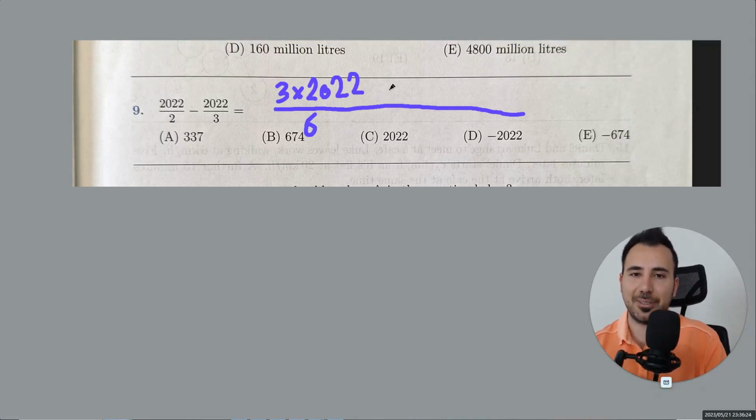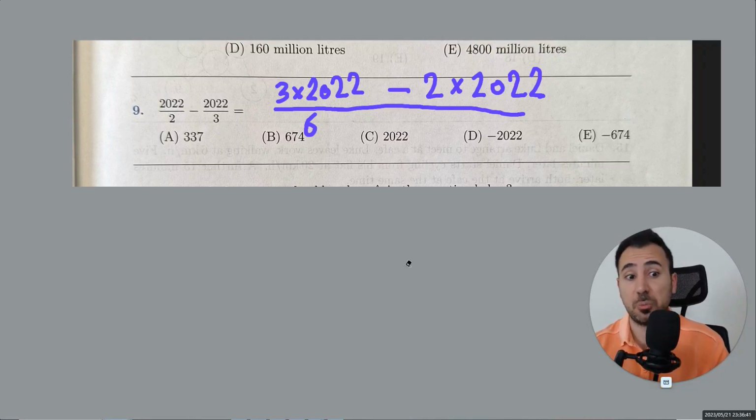I need to continue this. Minus 3 has been multiplied by 2 times 2022. If you multiply them in the test, what is 3 times 2022? And you multiply them, then subtract them, well, you're wasting a lot of time, okay?